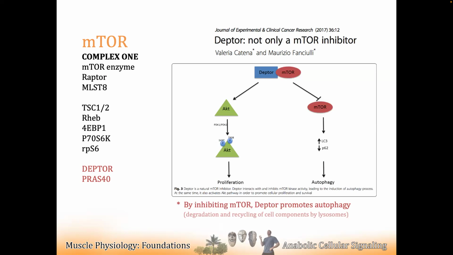So this is what I mean by Deptor is an interesting character. It's all dark and brooding. It's like the mysterious little sibling of mTOR, less famous, hardly celebrated. It plays supporting roles, but man, it plays those roles compellingly. Deptor is interesting.